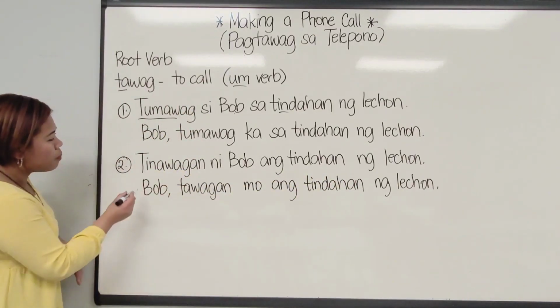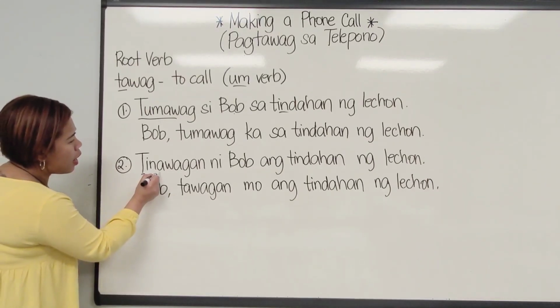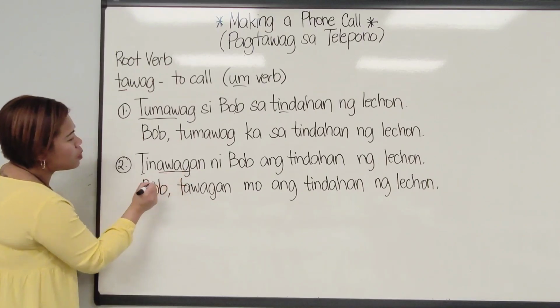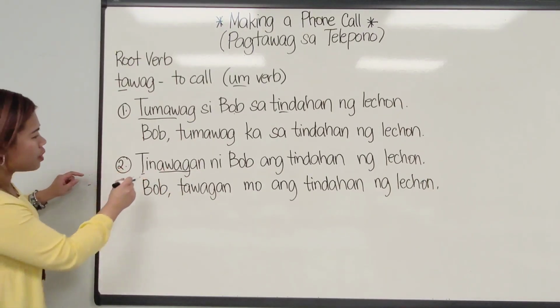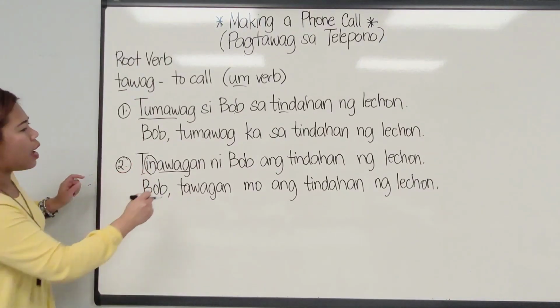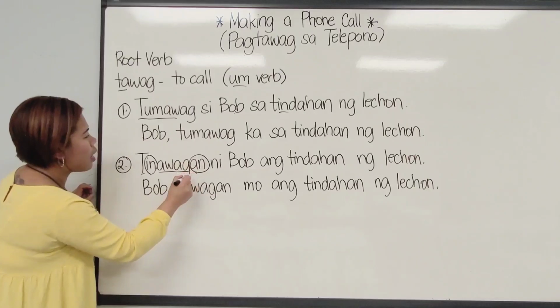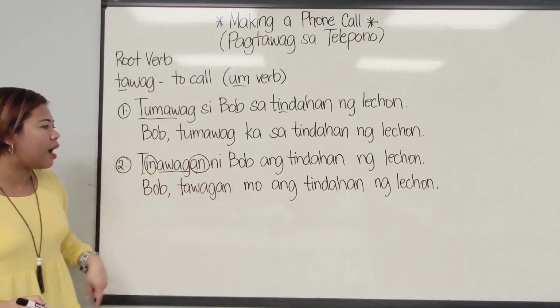Where is our root verb here? We still have the T and the AWAG. So tawag, and then we inserted the in. This is an infix in, and we have a suffix an here. So tinawagan ni Bob ang tindahan ng lechon.